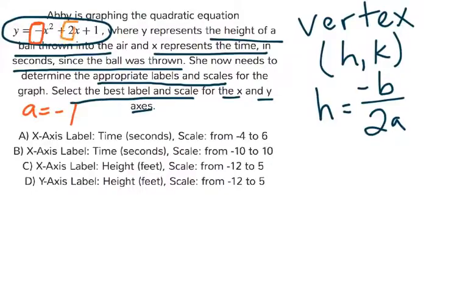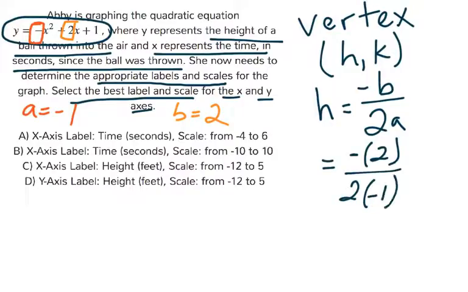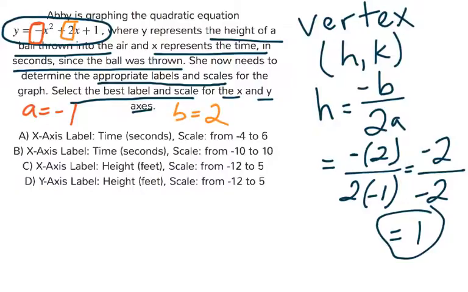B is the number in front of the x by itself, so b is 2. And so let's calculate here. Negative 2 divided by 2 times negative 1, as a is negative, is negative 2 divided by negative 2, which is just 1. So your vertex point has an x value, or an h, of 1.